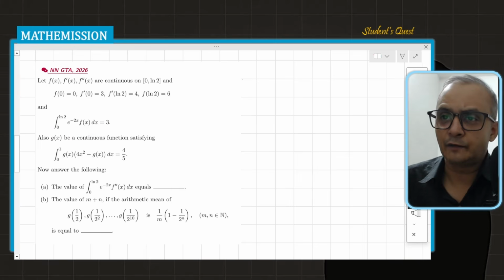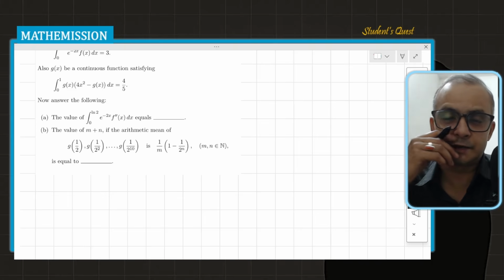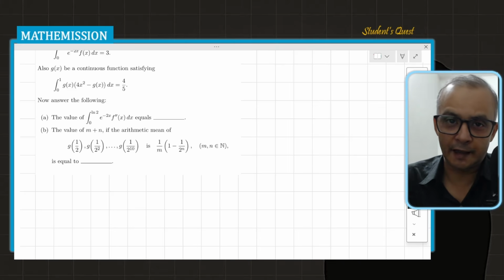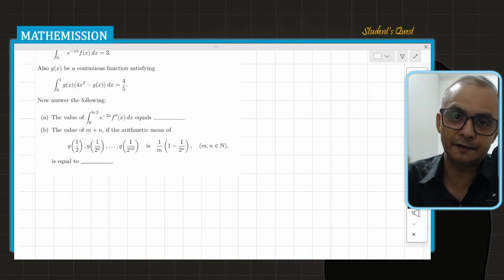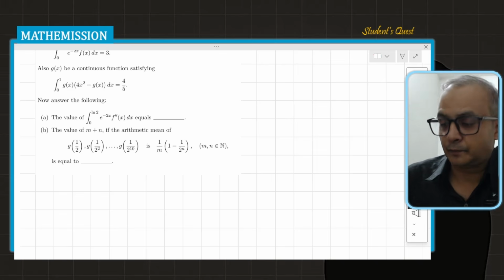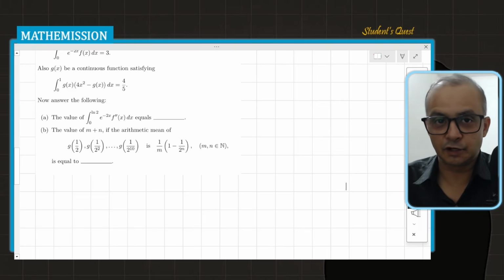One way is to integrate by parts, assuming e^(-2x) as the first function and f''(x) as the second function, because we have to decrease the derivative; f''(x) is the second derivative of the function. When we integrate back, we get f'(x) and f(x) back in this progression. So we don't have to take e^(-2x) as the second function.